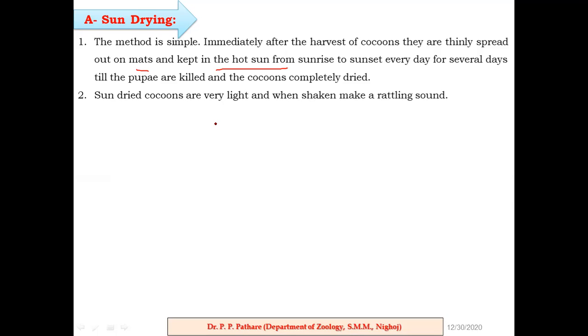If you want to identify this, just take one cocoon in your hand and shake it near your ear; it will produce a rattling sound of the dead pupa inside the cocoon. This is your final result, that the pupa have died inside the cocoon.